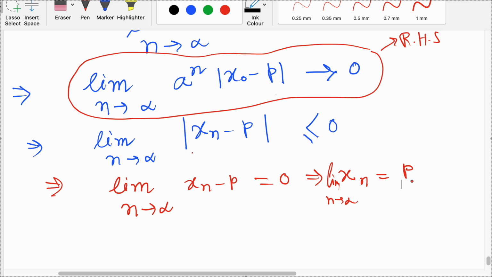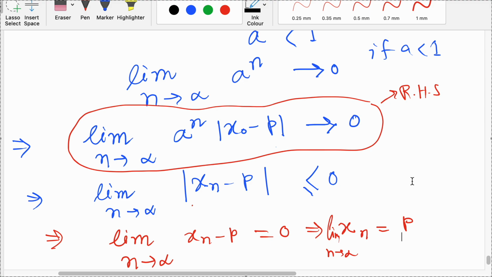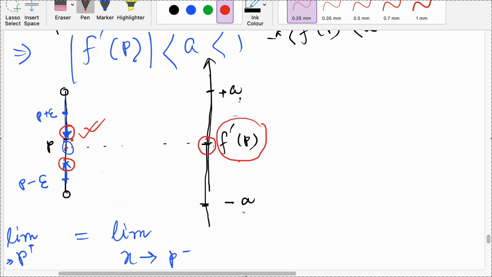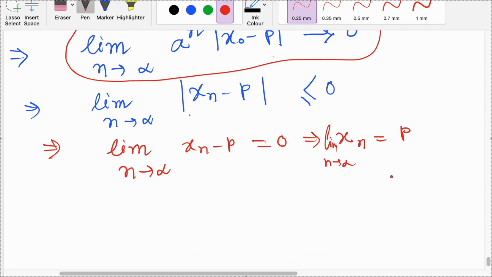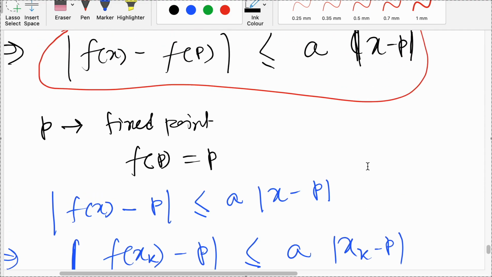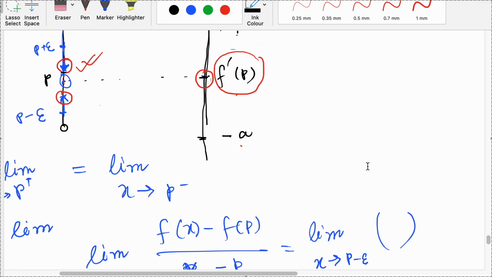So if I take any initial condition x0 from this open interval and iterate it infinite times, it will eventually go to that fixed point. That proves that if f prime of p is less than 1, then this fixed point is an attractor. It attracts all the initial conditions which remain inside this open interval.